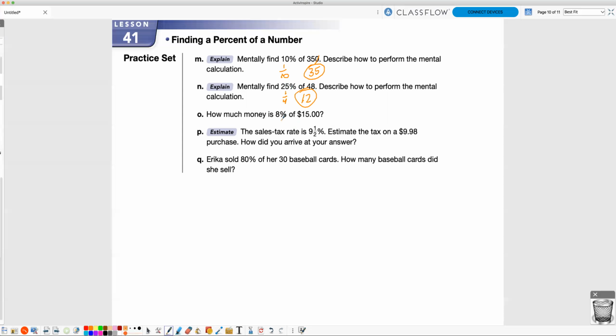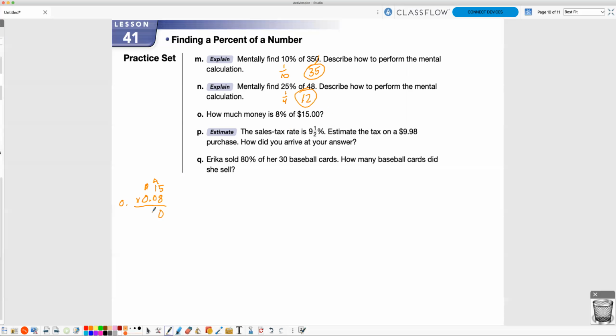Letter O, how much money is 8% of $15? This one is not a mental math problem, so I'm just going to work that out. Let me put that down here. So 8% as a decimal would look like this, and if I was going to multiply it times $15, I just put that up here. I'm going to multiply that. That's going to be 40.